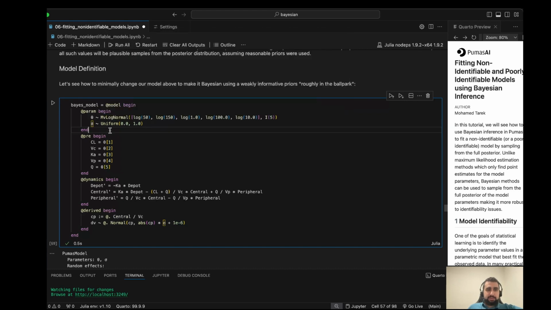Now for the sigma, this is a proportional error model, so I also gave it a somewhat weak prior. It's a uniform prior from 0 to 1. This says basically any value from 0 to 1 is equally likely. Anything more than 1 is impossible, which you could argue is maybe a restriction.